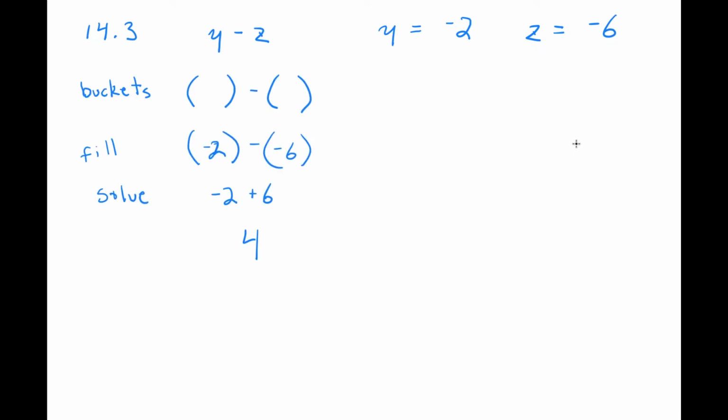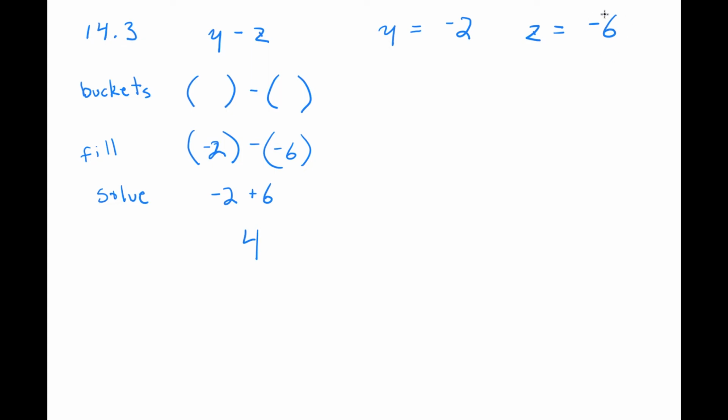All right, so if you took the time to do the problem before you proceeded to see the answer, you should have come up with a positive 4. And here's how we got that. We had y minus z, so I made a bucket for y and a bucket for z. And then I took the value for y, which was negative 2, and put it in for the y.